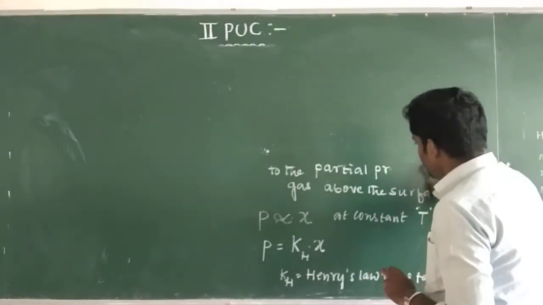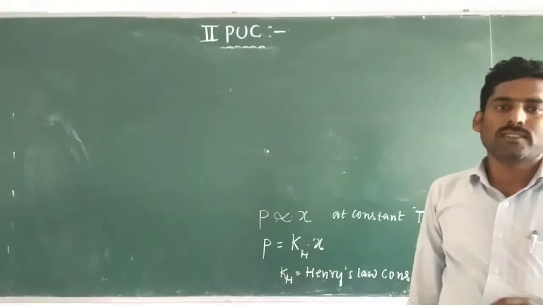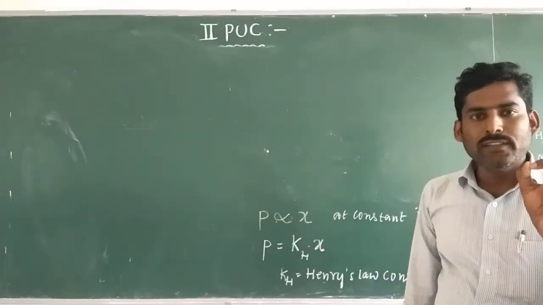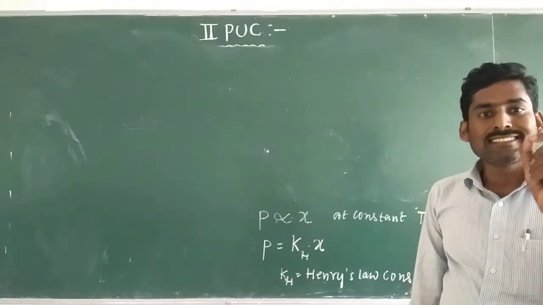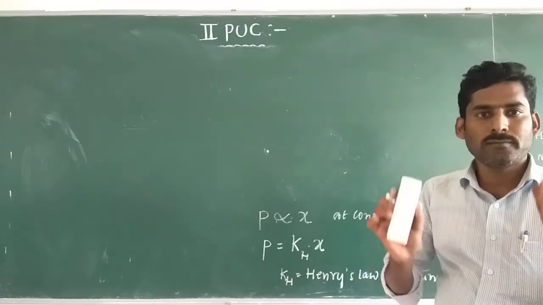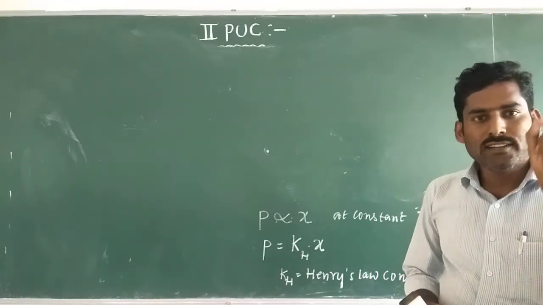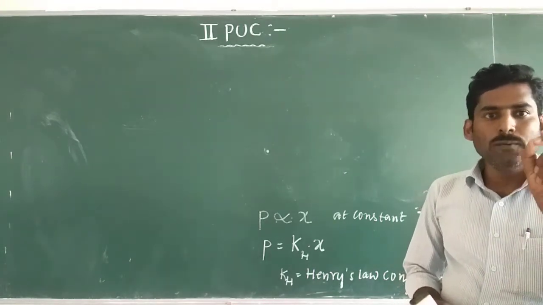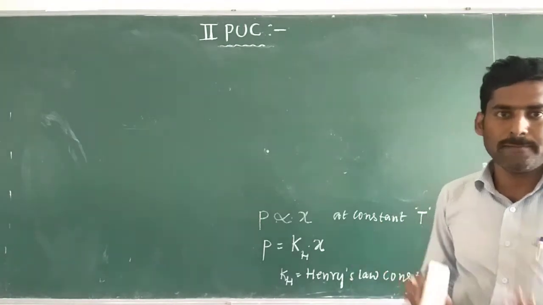Here KH represents Henry's law constant. Greater the value of Henry's law constant, lesser will be the solubility of the gas in solution. KH values ಜಾಸ್ತಿ ಇದ್ರೆ solubility of the gas in the solution or liquid ಕಡಿಮೆ ಇರುತ್ತೆ.